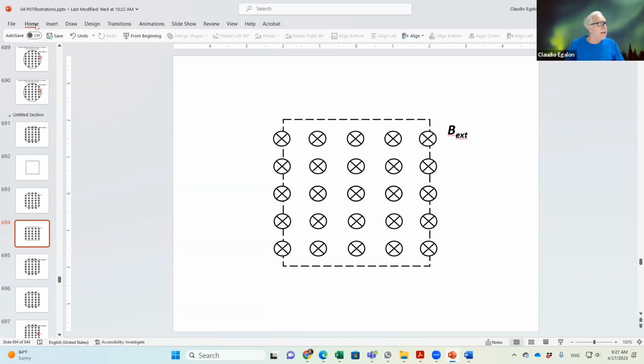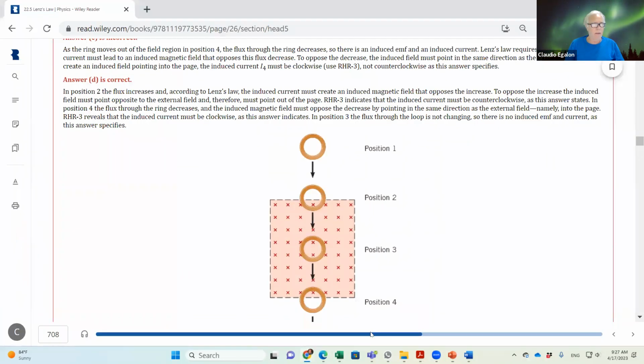So now we're going to have a copper ring that's falling under the force of gravity. Okay, that's position one.